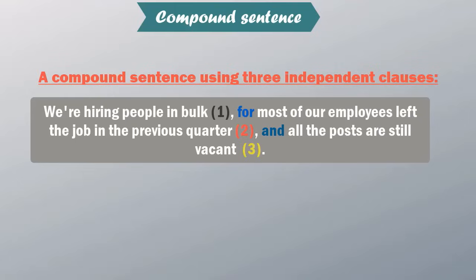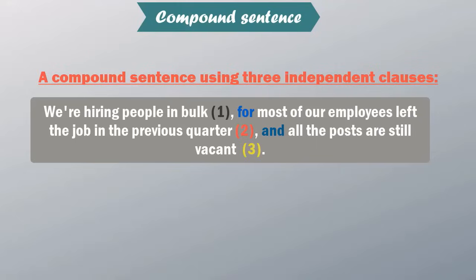That is also a complete sentence, gives a complete idea, right? That is the second independent clause, right? And the first and second independent clauses are joined with the conjunction for. Third, and all the posts are still vacant. And is a coordinating conjunction. All the posts are still vacant is also a complete sentence, gives a complete meaning, right?